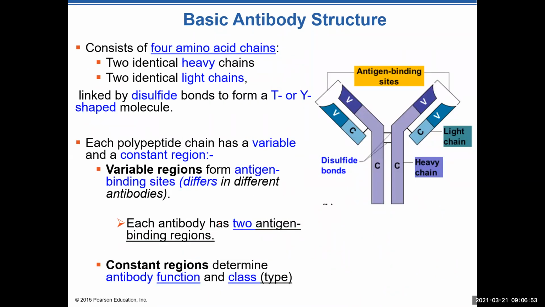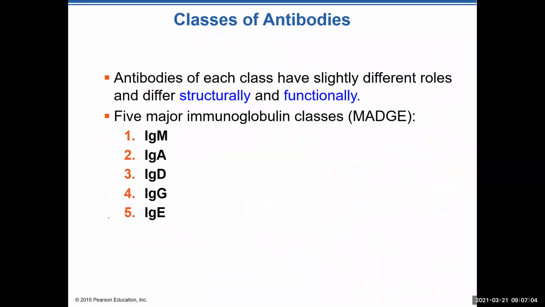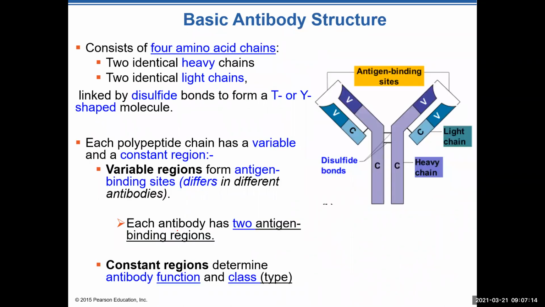Now let's try to know the basic structure of an antibody, or immunoglobulin. In a while, we'll talk about the different classes of the immunoglobulins, the different types of antibodies. But regardless of type, you have to remember that this is the basic structure of any antibody.